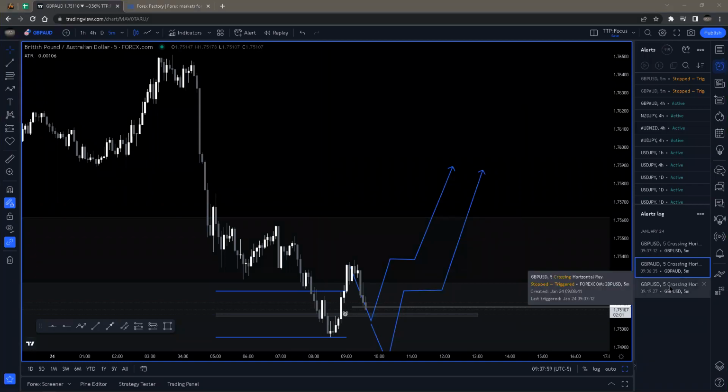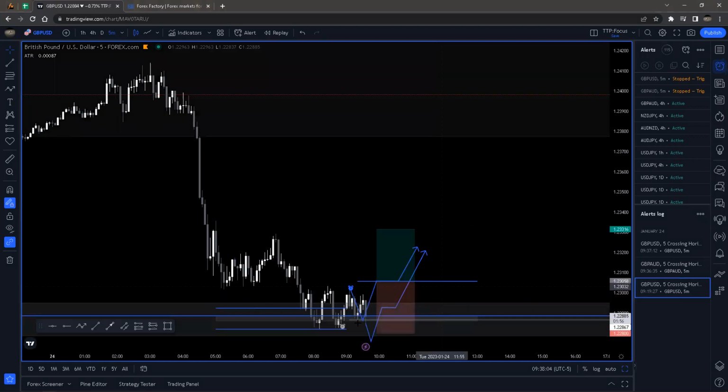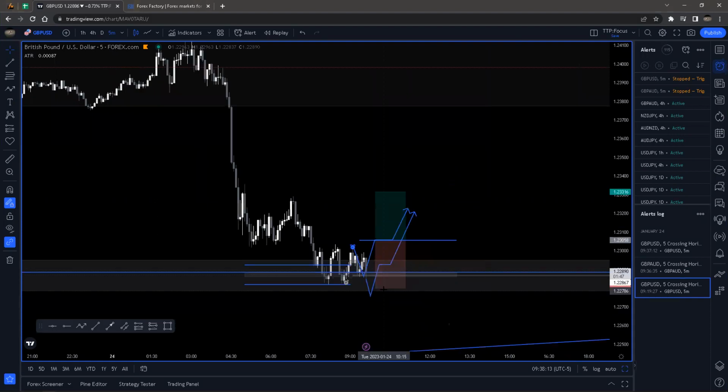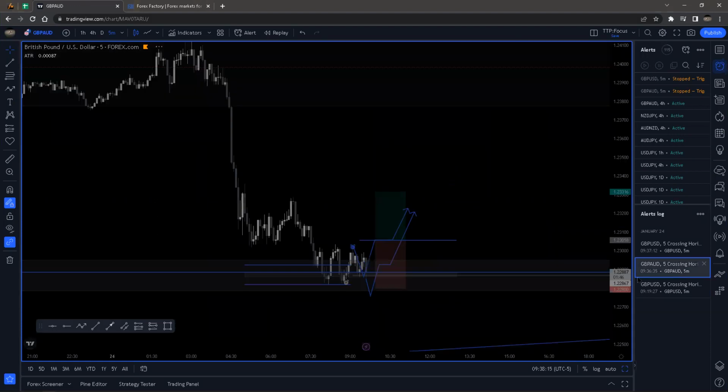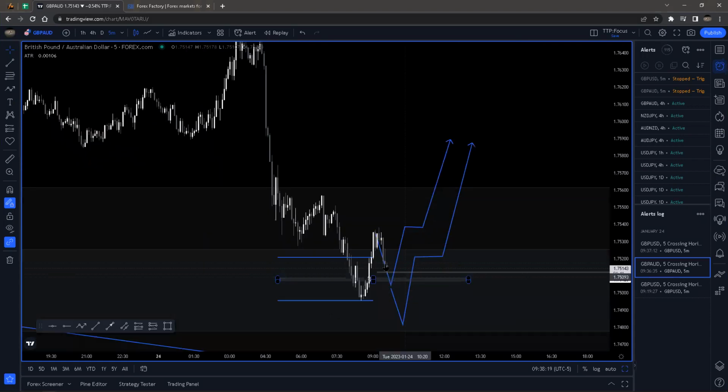We had 2 go off. We have GBP USD setting up now. Already came down. It's coming down again. It's already set up. Comes down a little bit more. Might have to look to move the stop loss. And GBP AUD, it's coming down. So get that set up.